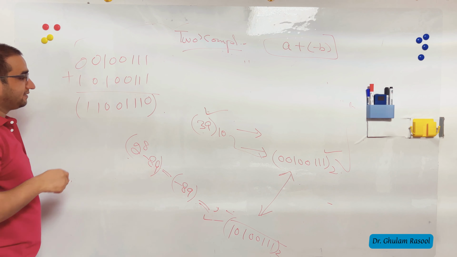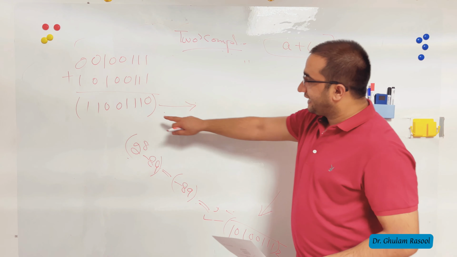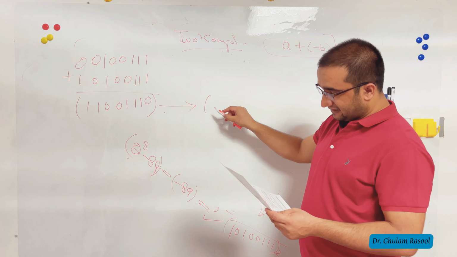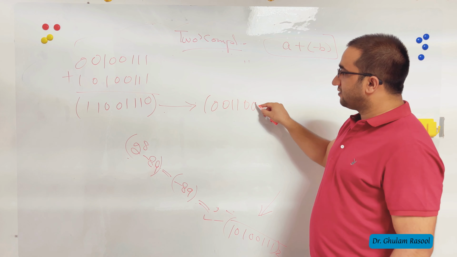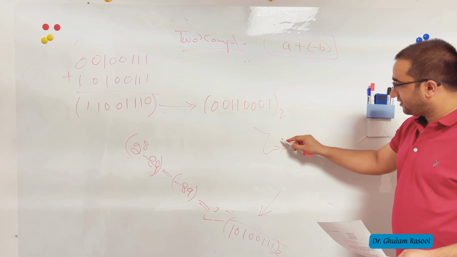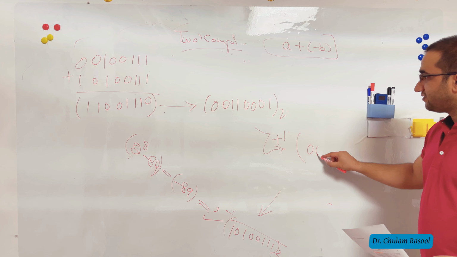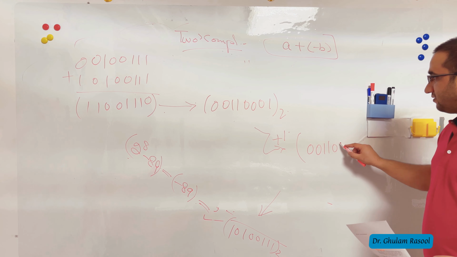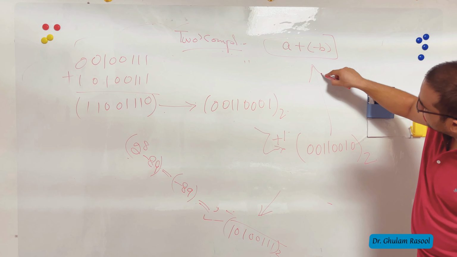Simply add them. This is not the answer. Again flip these digits and it will become 0 0 1 1 0 0 0 1, and again I have to add 1 to it. This will become 0 0 1 1 0 0 1 0. So this is actually the sum of these two numbers.